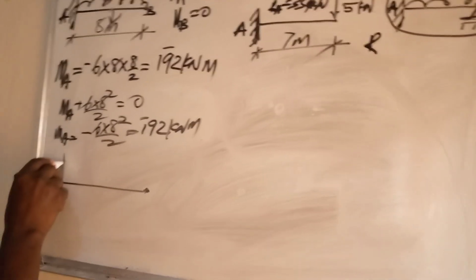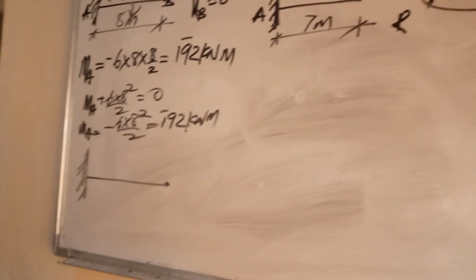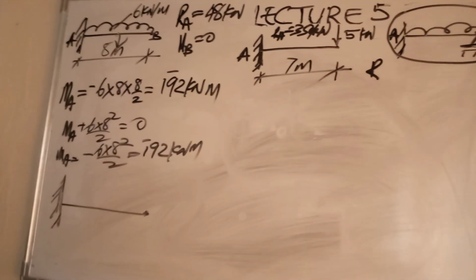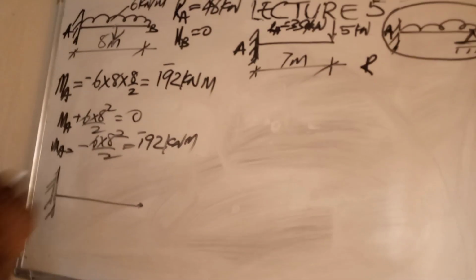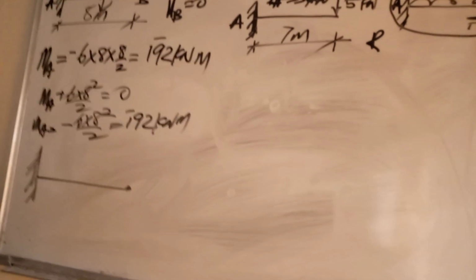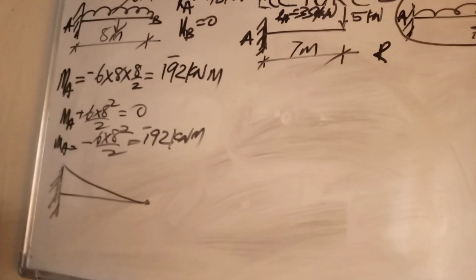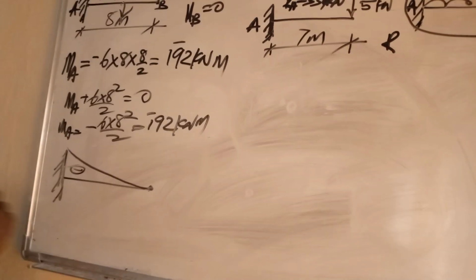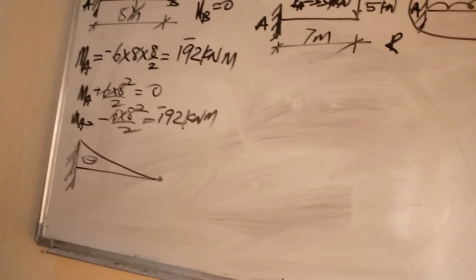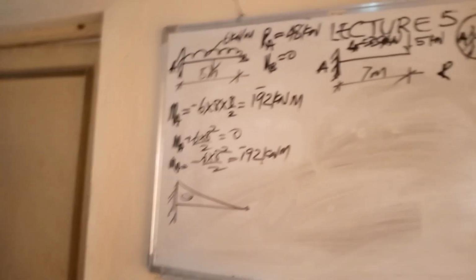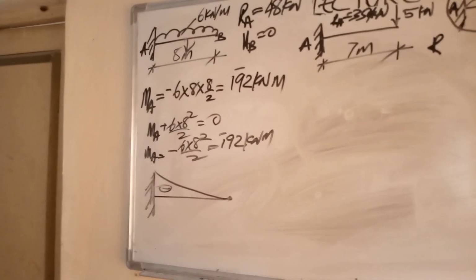The bending moment diagram, as I said, is a graph of load against perpendicular distance, and every quadratic equation, the graph is a curve. So this is the bending moment diagram.